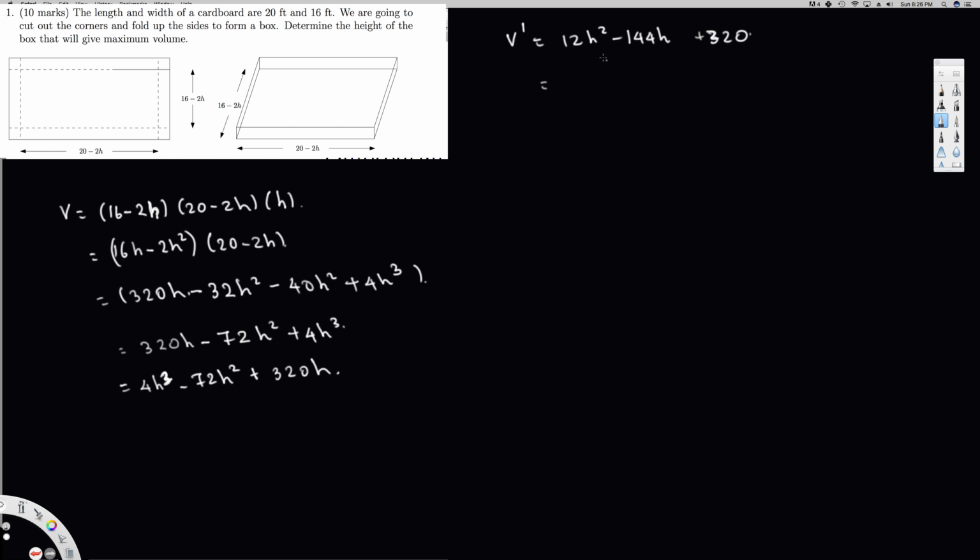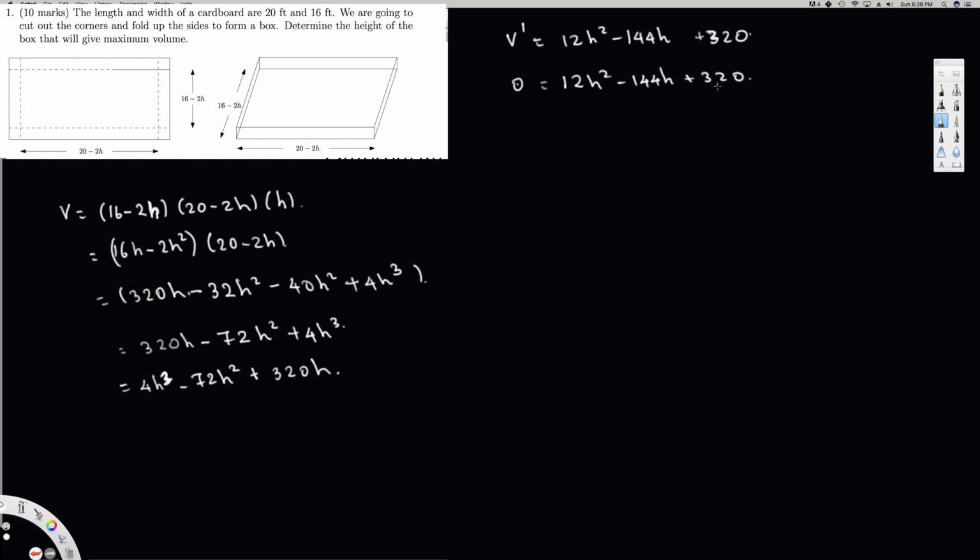Then I can divide everything by 4. I'm setting this equal to 0, because only then can we find the critical points. This is going to be 12h square minus 144h plus 320.